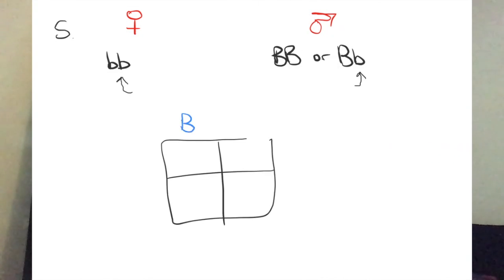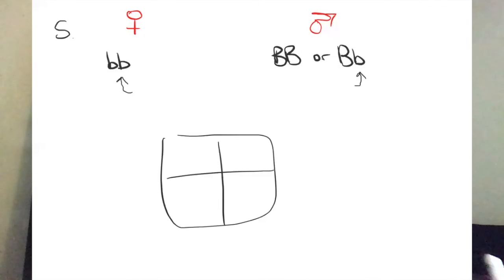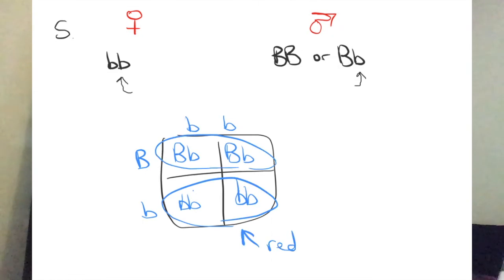If this is the female and this is the male, then we're able to see that some of the offspring will display red and some of the offspring will display black.